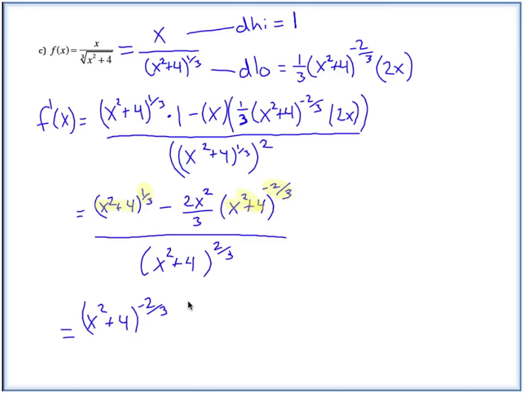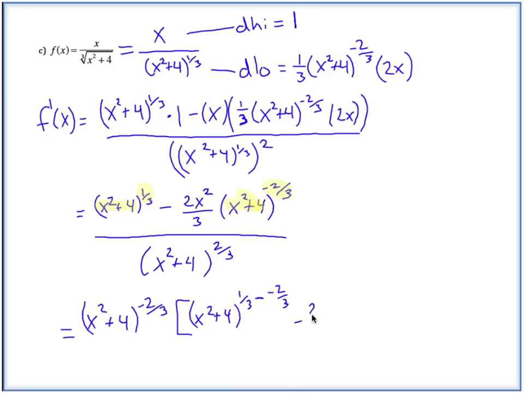So what does that leave us with? Well, we still have this term here, which is an x squared plus 4. And it was 1/3, and we factored out, so we're going to subtract a negative 2/3. And that's going to be the toughest part right there. Now over here, we took the whole factor out, so we're just left with this part.